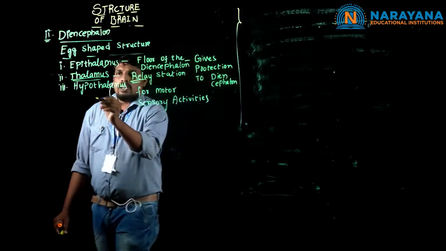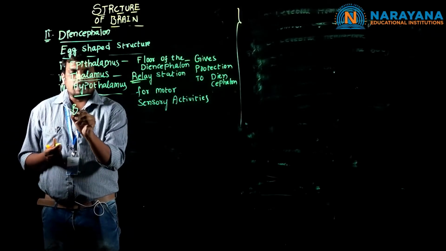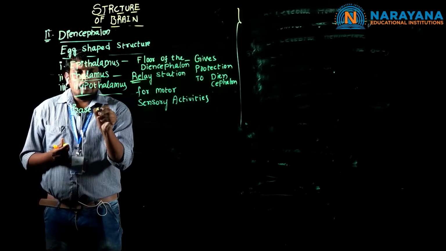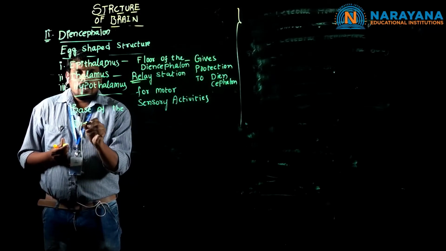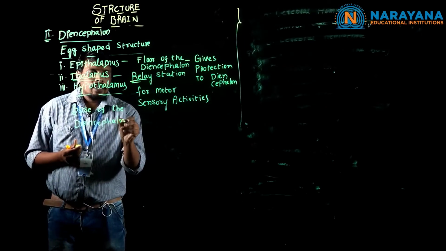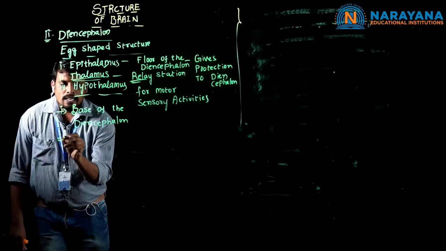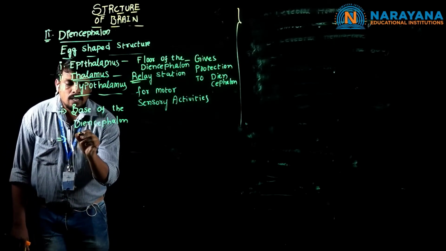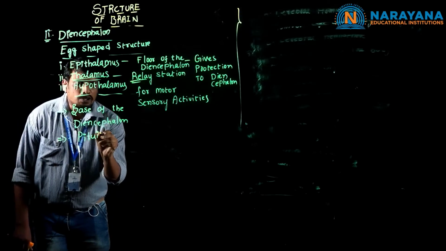Right. Let us see about hypothalamus. What is hypothalamus? Base of the diencephalon. Hypothalamus is called the base of the diencephalon. So here the diencephalon has an important endocrine gland called pituitary gland.